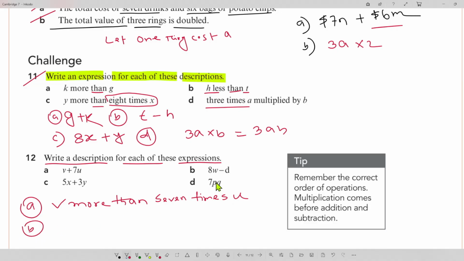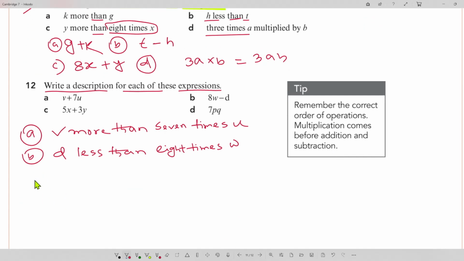Number B, this one we can write d less than 8 times w.